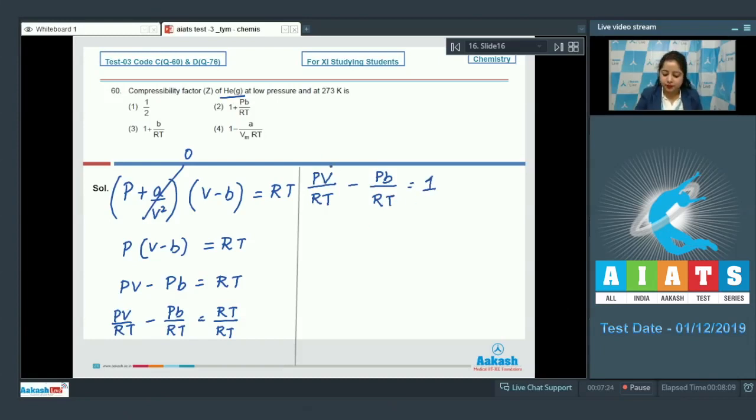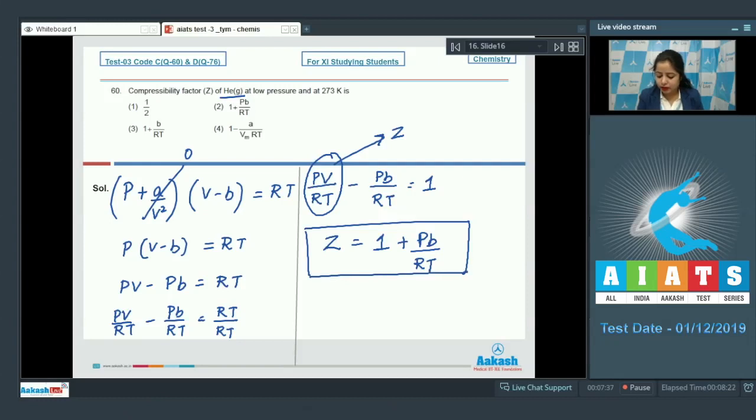Students, as we are aware that PV upon RT is equal to Z, so Z is equal to 1 plus PB upon RT. That means the correct answer for this question is option number 2.